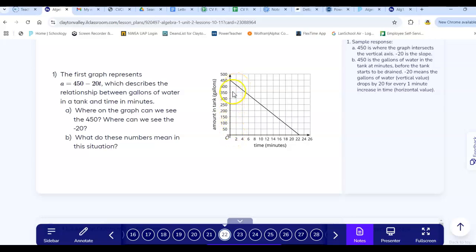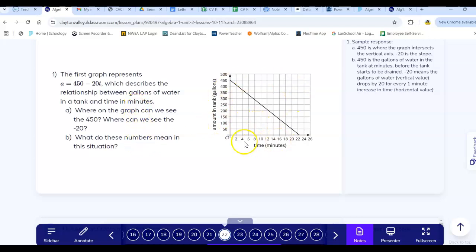For every minute, it goes down 20, and you can see that. Here's 1 minute, you go up here, that's approximately 430, a little bit more than halfway in between these 2 hash marks. So you can see the slope.